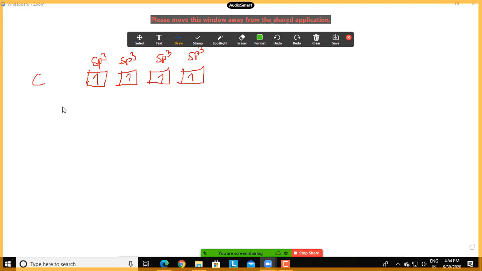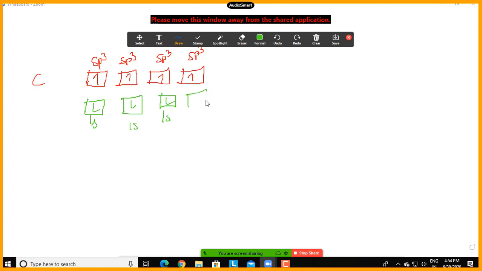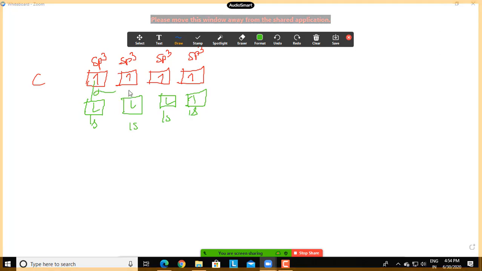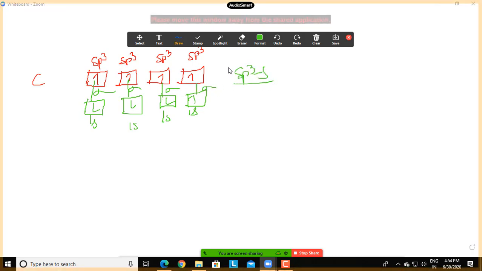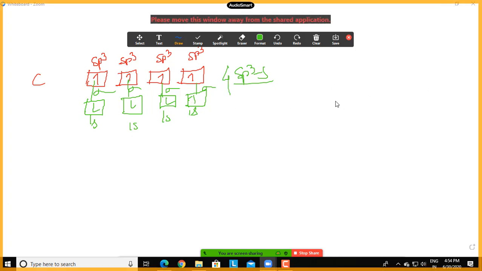Now you have hydrogen, 1s, 1s, 1s, 1s. 1s is symmetrical, so it can approach from any direction. So there will be overlapping, that is sp3-s overlapping. How many? 4. So carbon shows tetrahedral shape.